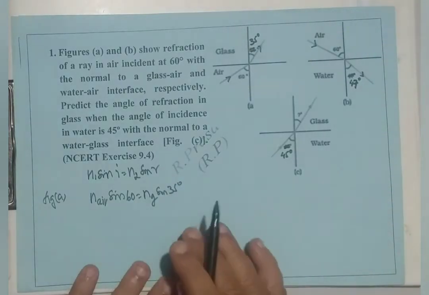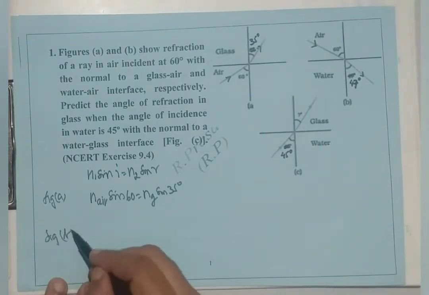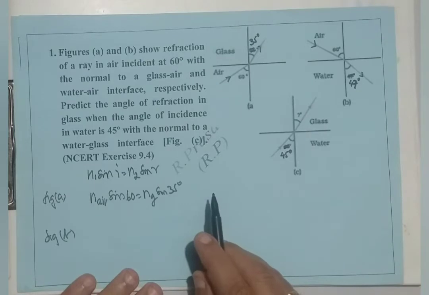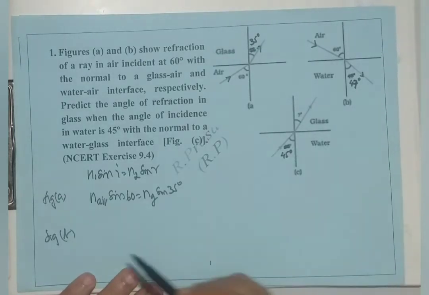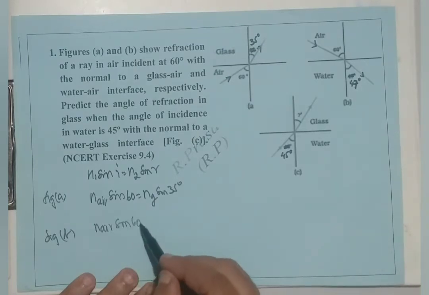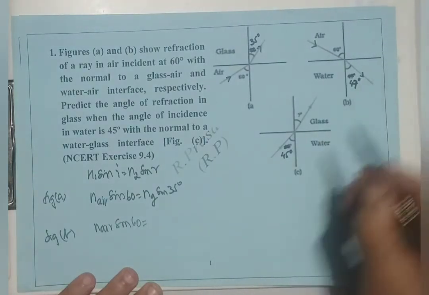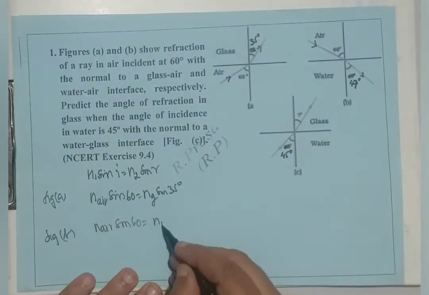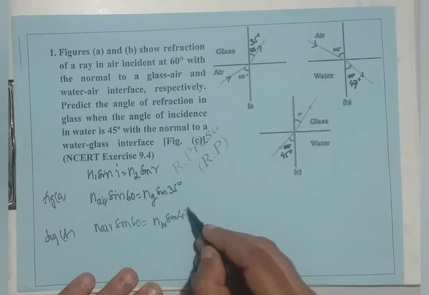This is for figure A. In the same manner, for figure B, we write here air again, N air sin 60, because 60 degrees is again the angle of incidence, equals N water sin 47 degrees.